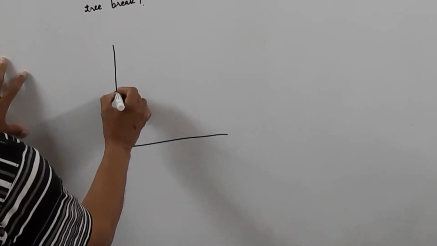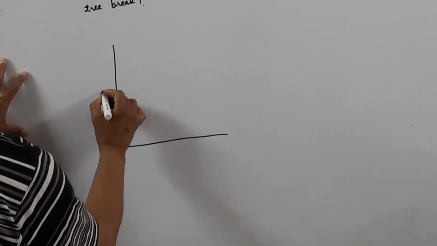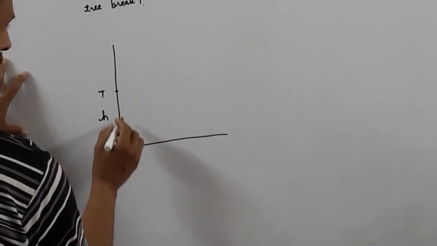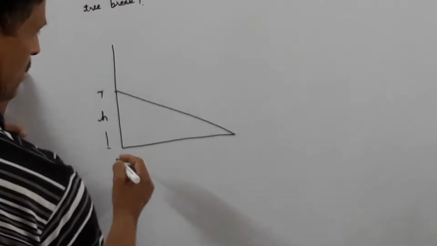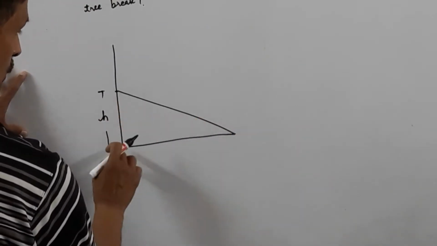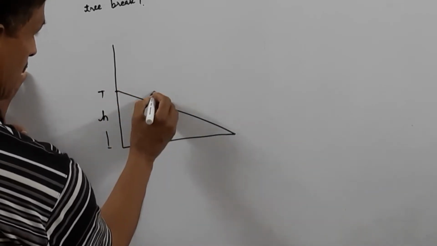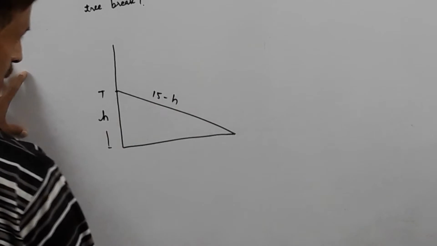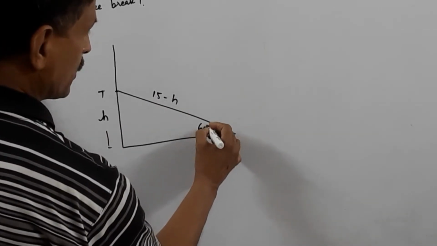Suppose it is broken at this point which is h meters above the ground. It bends and touches the ground at a point. So the whole length of the tree is this one plus this, and thus this length is 15 minus h. It is inclined at an angle of 60 degrees with the ground.